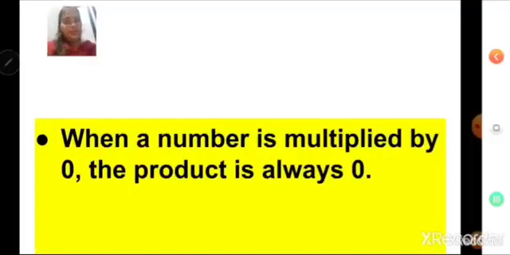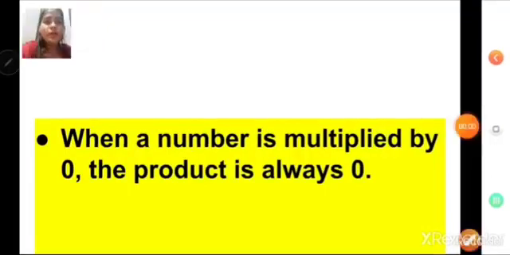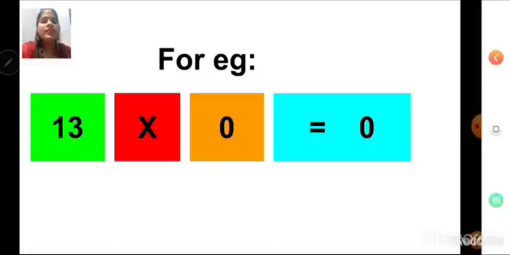The last multiplication fact is: when a number is multiplied by 0, the product is always 0. It is very easy, right children? When we multiply any number with 0, the answer will be 0 only. For example, 13 multiplied by 0 is equal to 0.